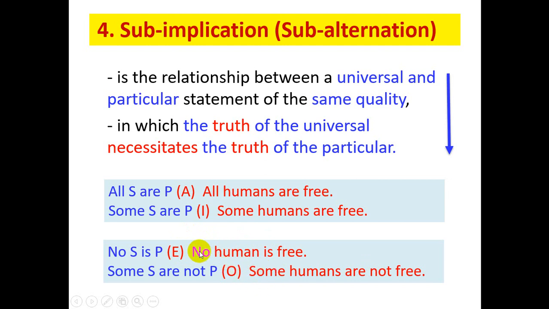Both are of the same quality, because this is negation and that is negation too, because we use the word no and the word not. The truth of the universal, no human is free, necessitates that some humans are not free.